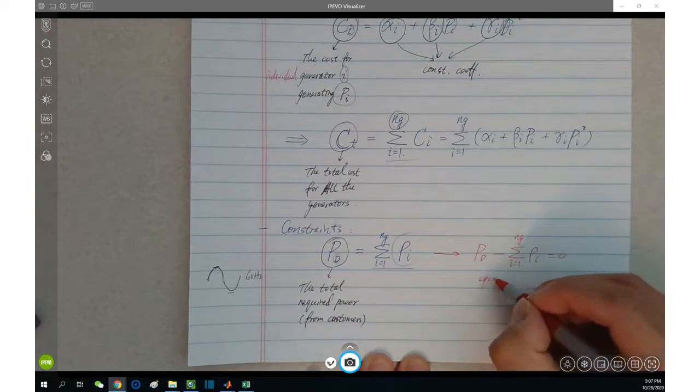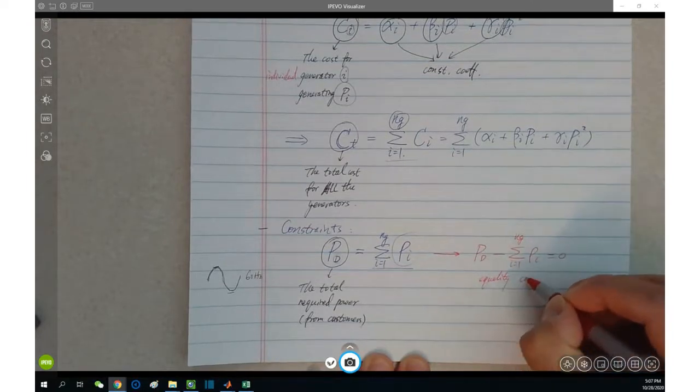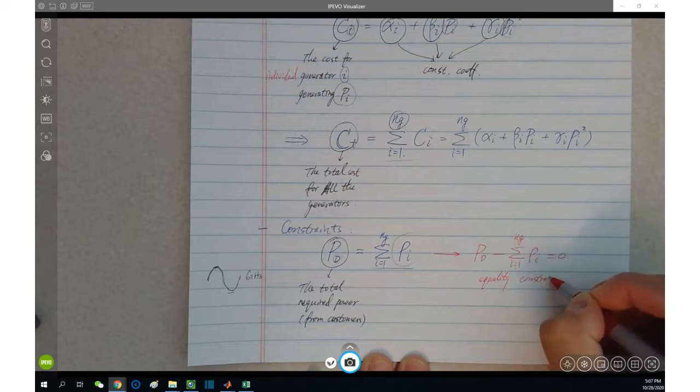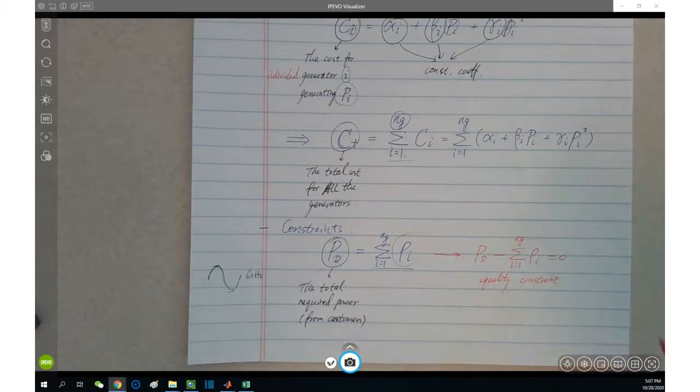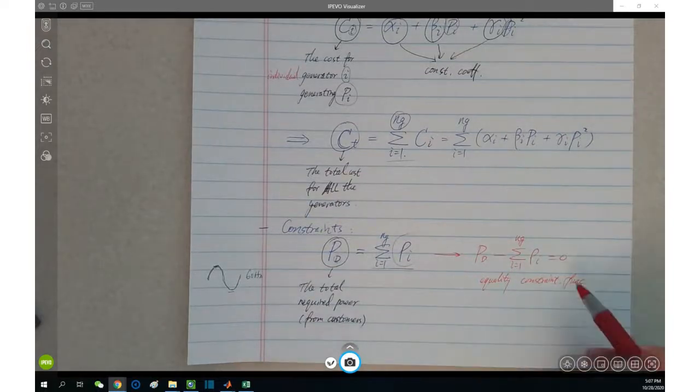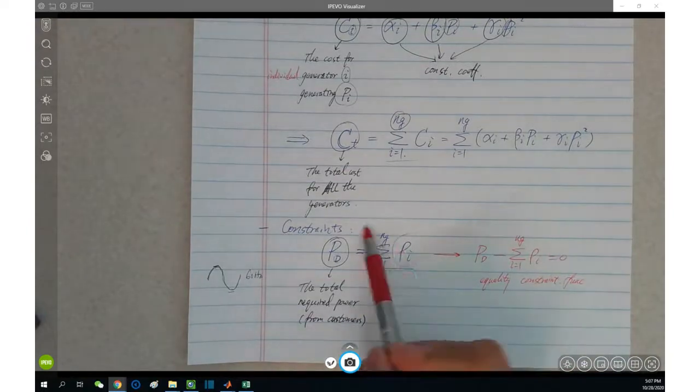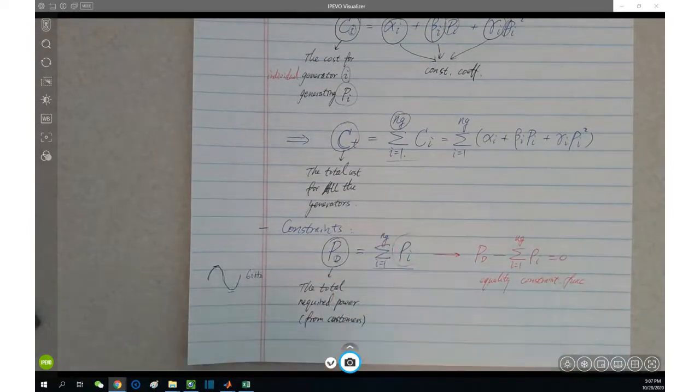Equality constraint function. Because the equality or inequality, we need to compare with 0, rather than this. This itself you can't involve into the L, big L.